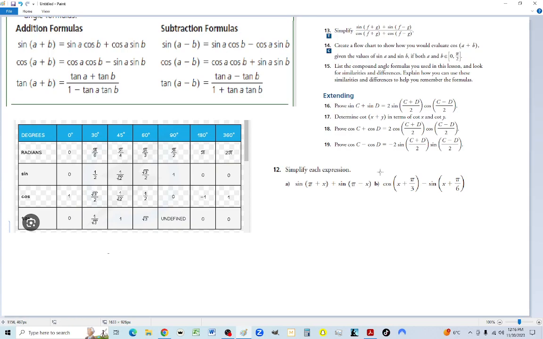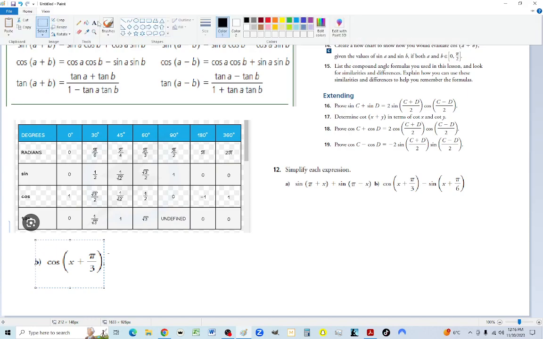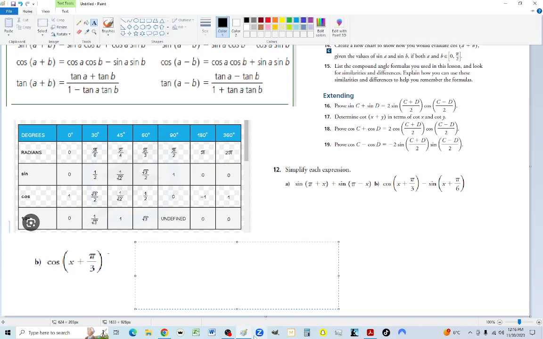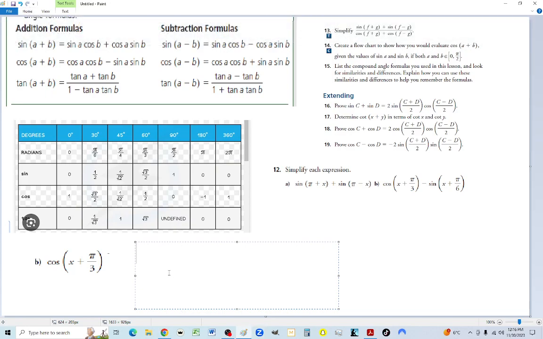And the second part is an addition for cos, so you have to use the cos addition, which says cos x times cos pi over 3 minus sine x times sine pi over 3.